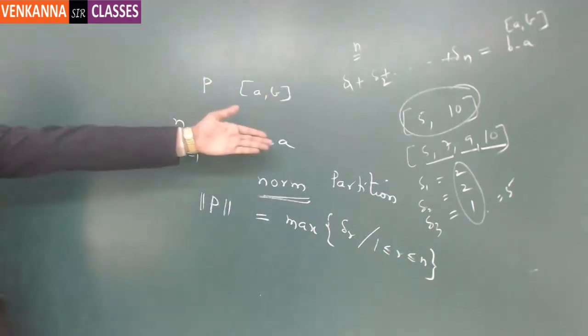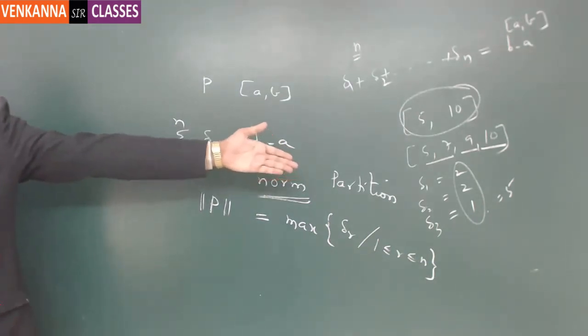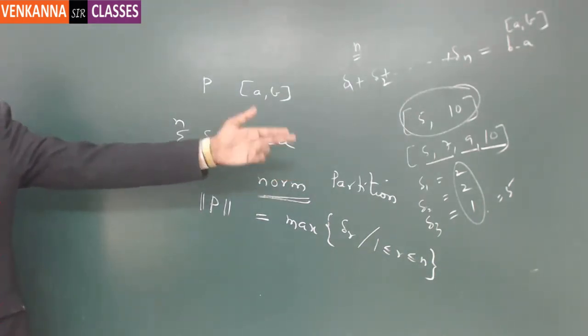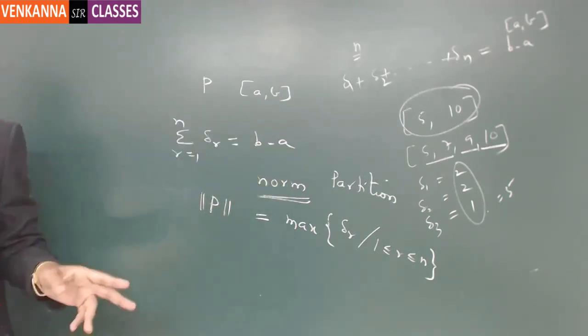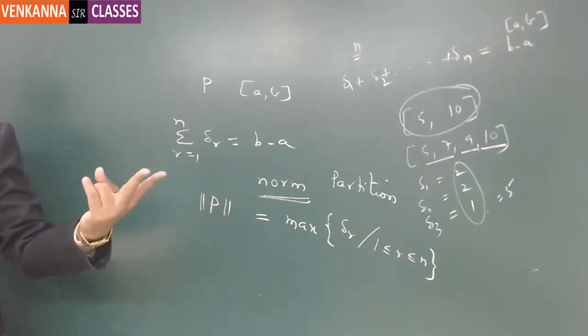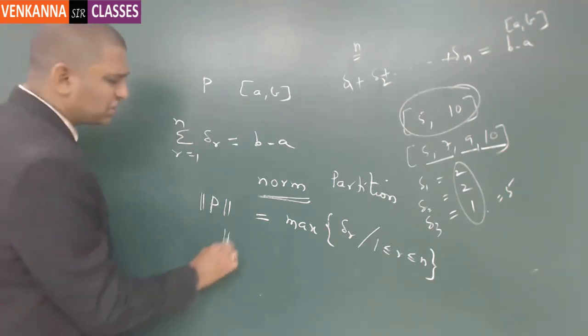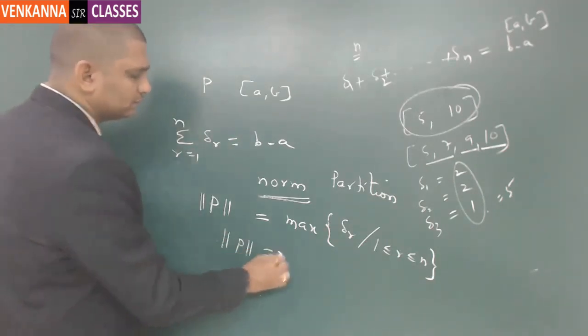Suppose here I have taken 3 subintervals. First subinterval length is 2, second subinterval length is 2, third subinterval length is 1, among which the maximum length is 2. So the norm of the partition is equal to 2.